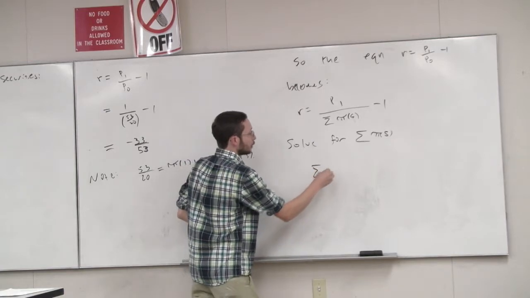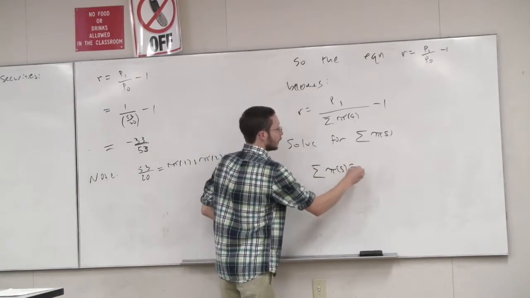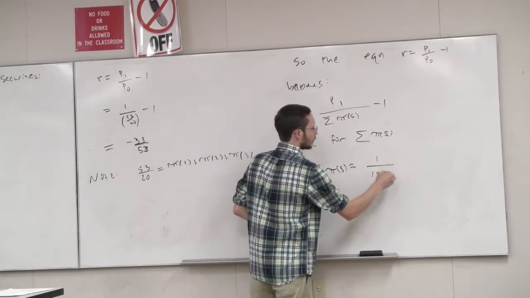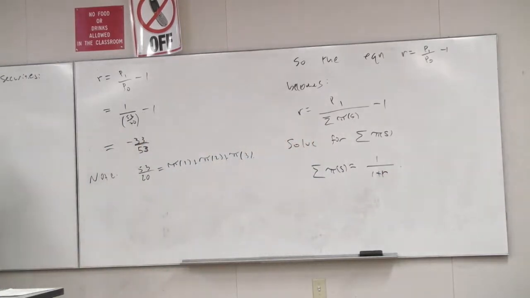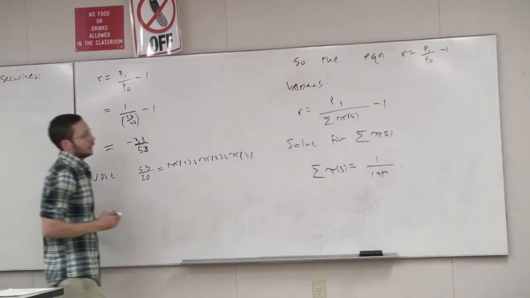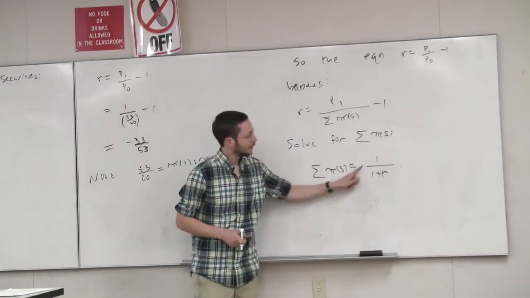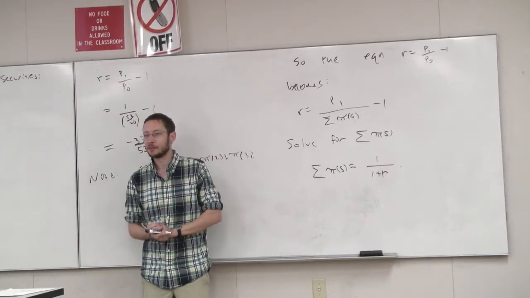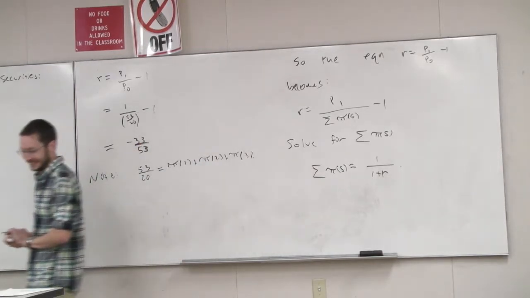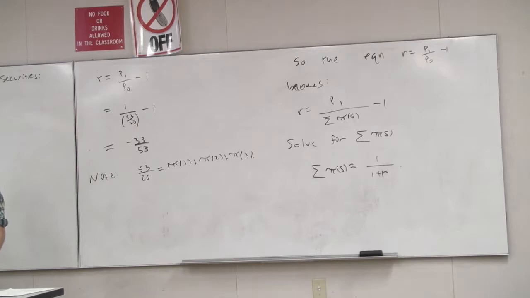And we get the sum of the arrow prices is equal to 1 over 1 plus r. And I'm hoping that 1 over 1 plus r is giving you warm, fuzzy feelings right now, because that's a discount factor, right?